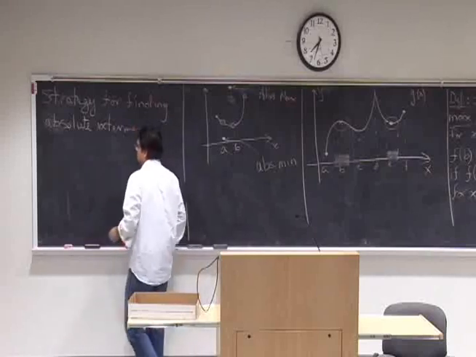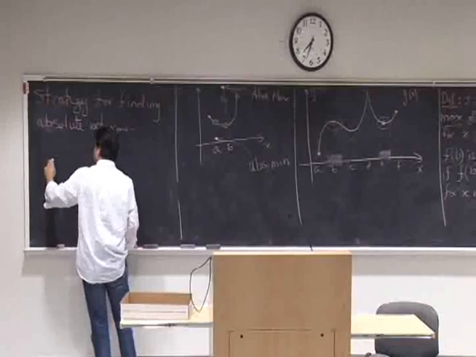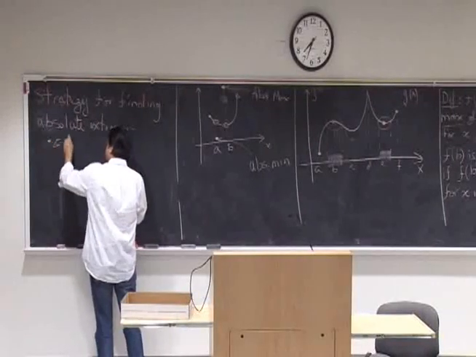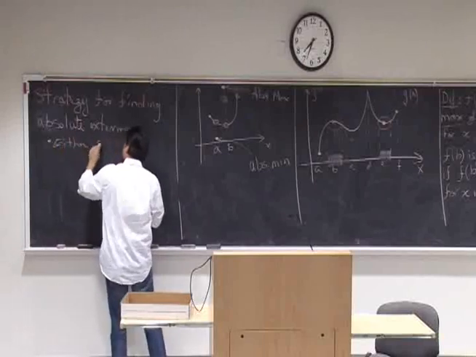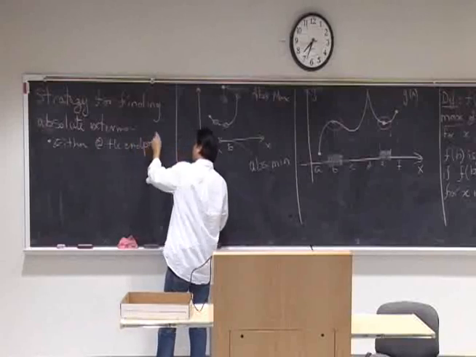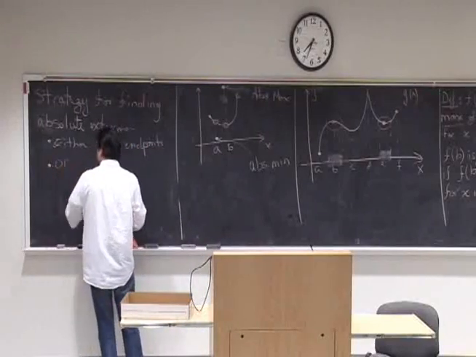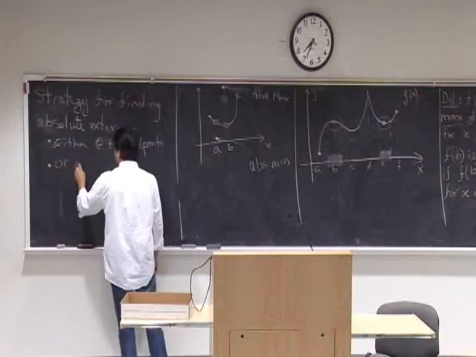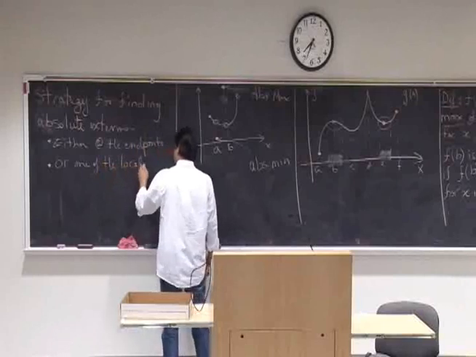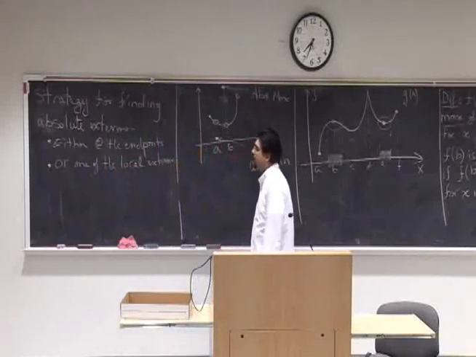We know that they're either going to be at the endpoints or one of the local extremes. Okay?